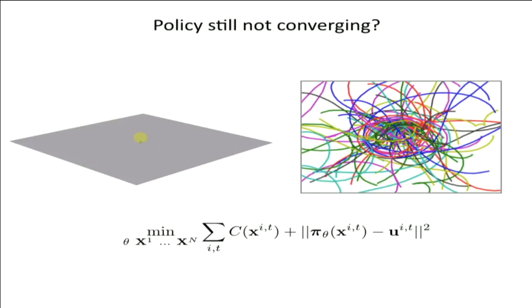So a couple of practical things that come up is we try to run this optimization problem, but we end up seeing that the policy is still not converging. You can see the plot of all the different trajectories. So what went wrong here?